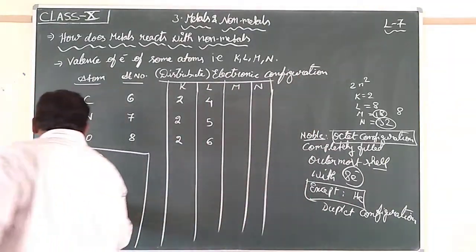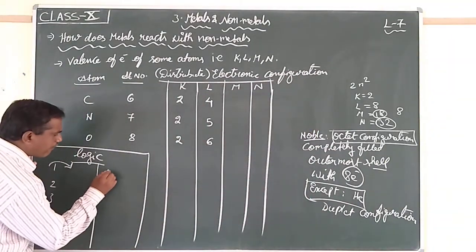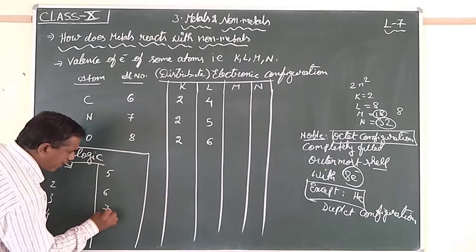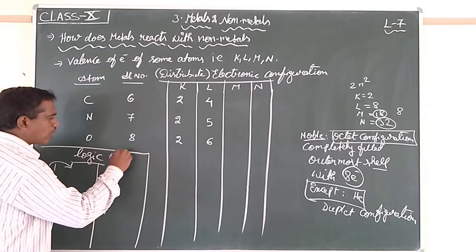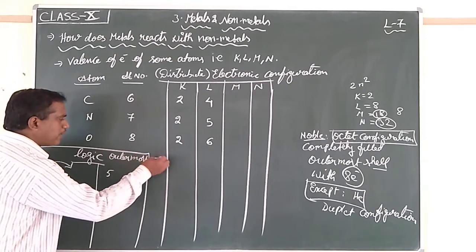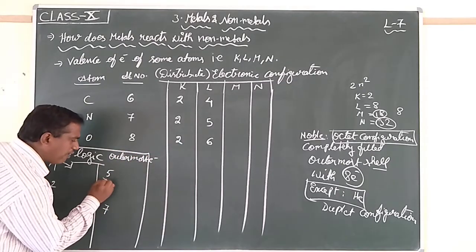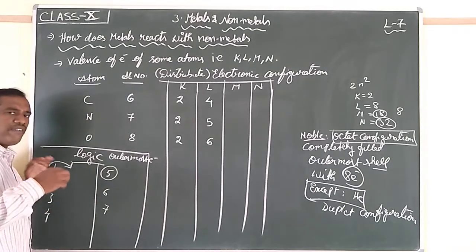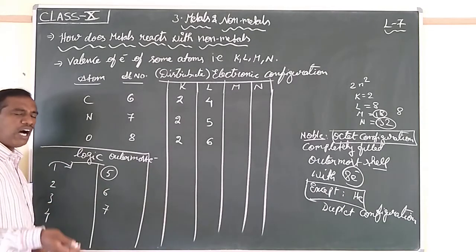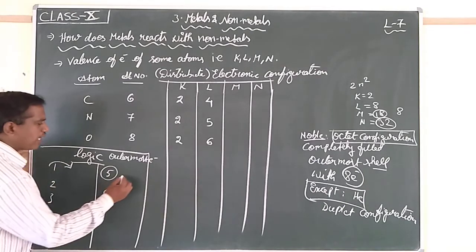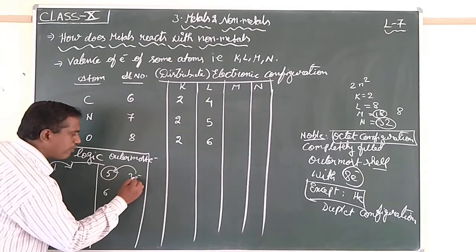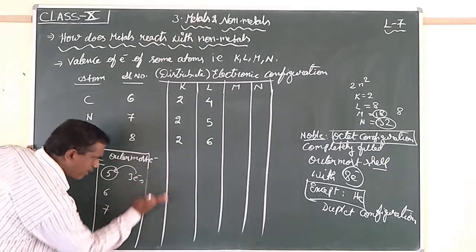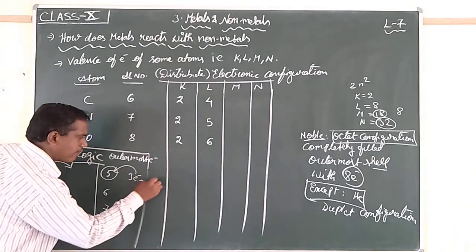If at all we have 5, 6, 7 outermost electrons, they will try to gain. Means if 5 outermost electrons are there, if it needs to become octet, how many electrons will it gain? It will try to gain 3 more electrons, so it will become totally 8.